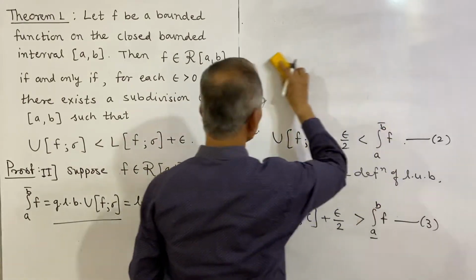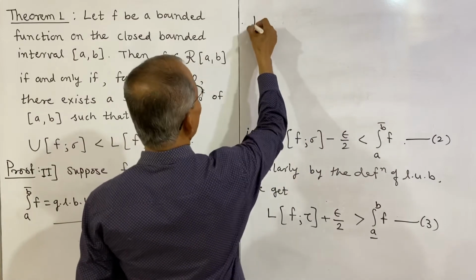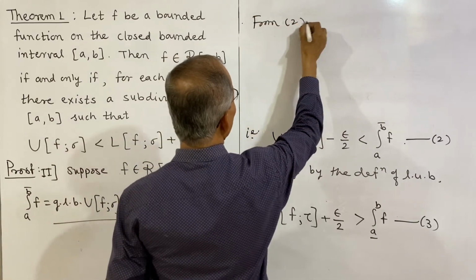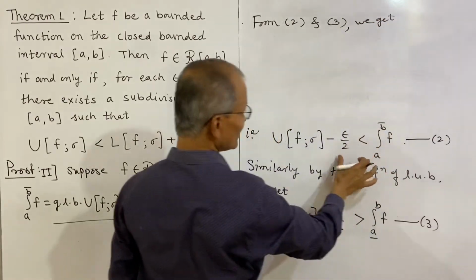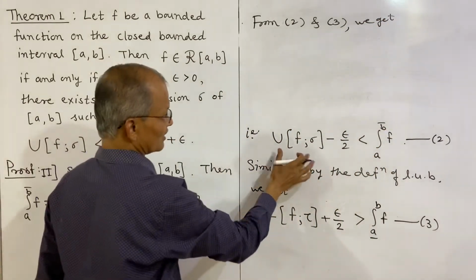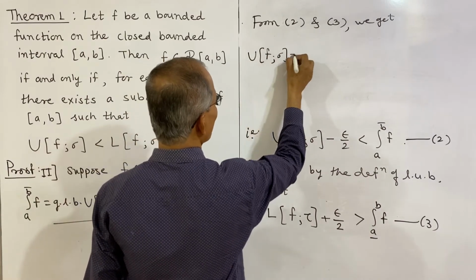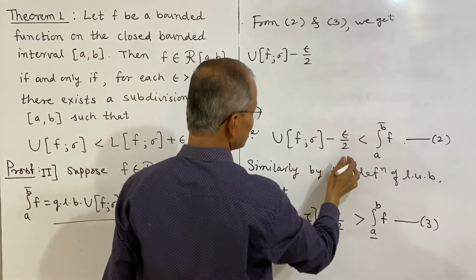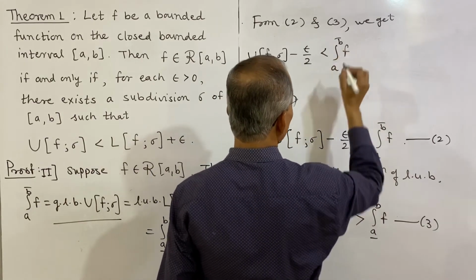so here we have used the definitions of LUB and GLB, and now we are combining from 2 and 3. We get, what is the second relation? We shall write this as the left side: upper sum of f on sigma minus epsilon by 2 is less than the upper integral of f.